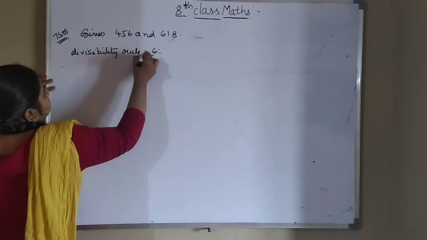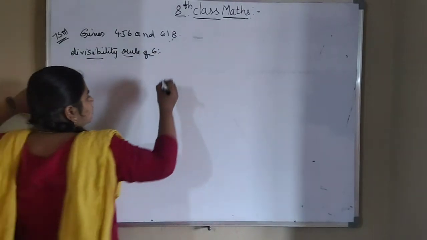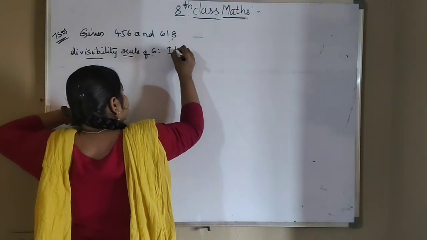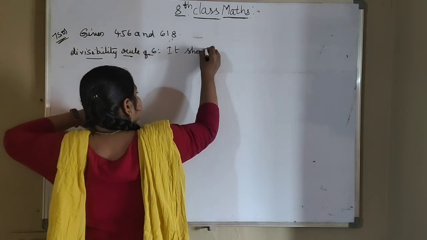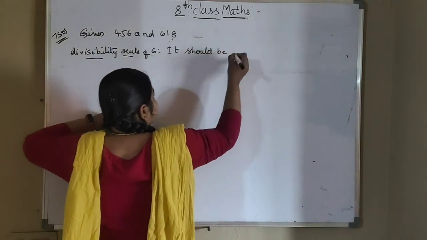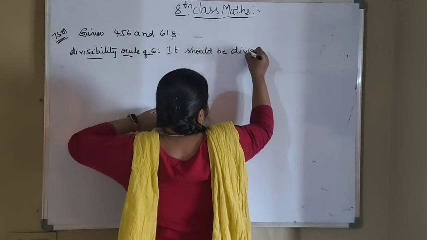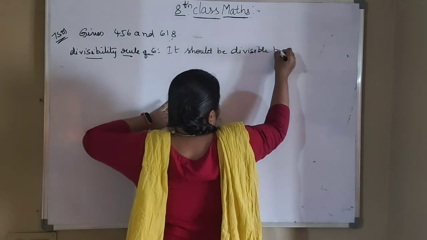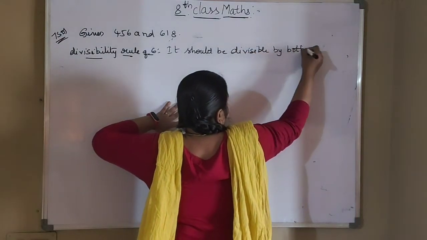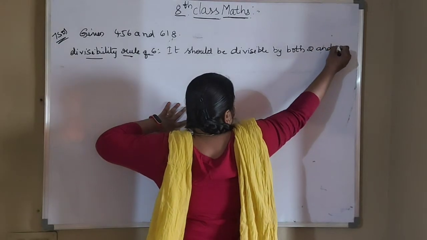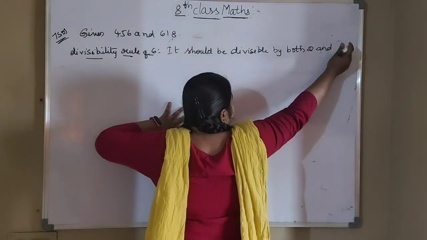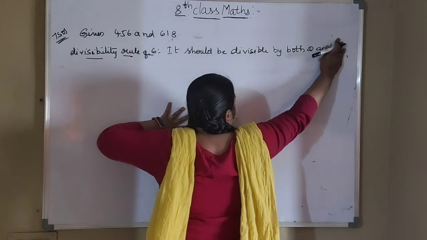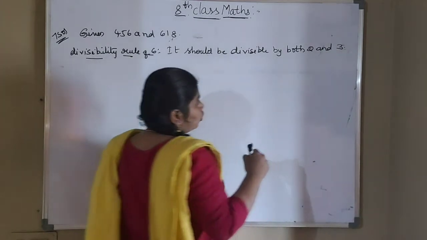Rule of 6: it should be divisible by both 2 and 3. That means it should satisfy the condition of 2 and also the condition of 3.